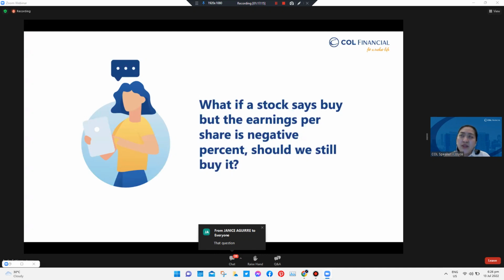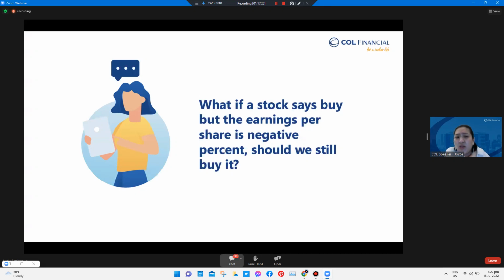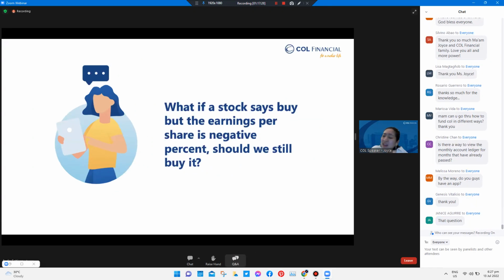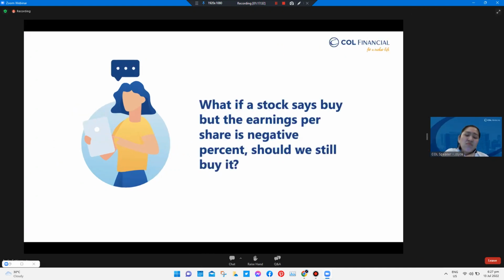Even though it's a buy, it just means it's cheap, but I'd rather prioritize investing in another stock that has a better EPS growth number. You can shortlist it because there's a buy recommendation, so it's cheap, but there are other companies that have a positive earnings per share growth, and I'd rather focus on those.